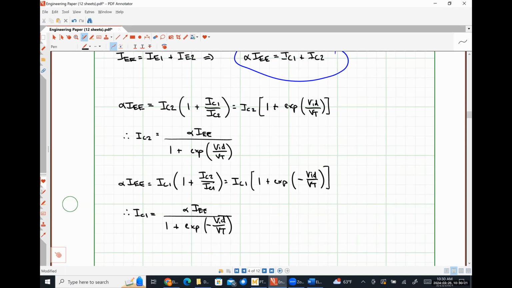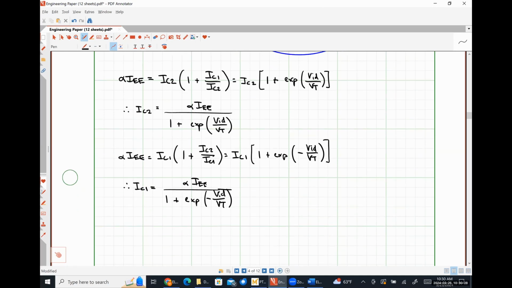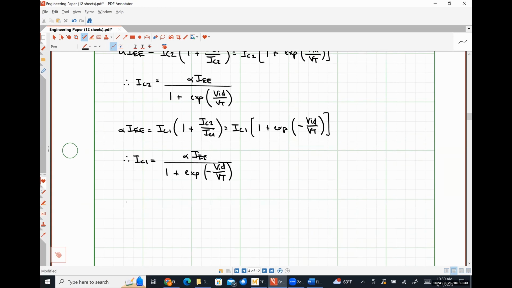Okay, so now here's where the math gets a little gross. Delta IC is just IC1 minus IC2.